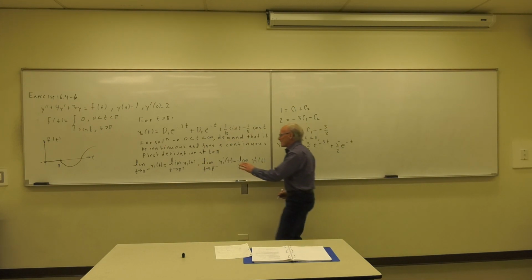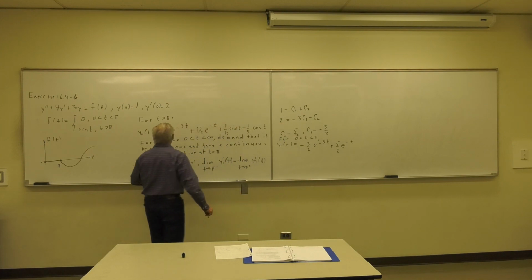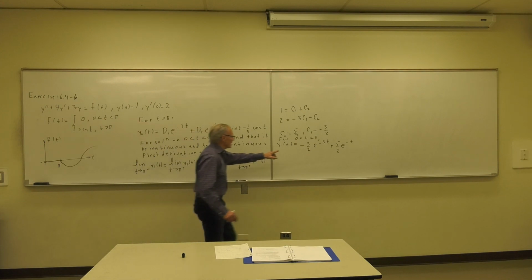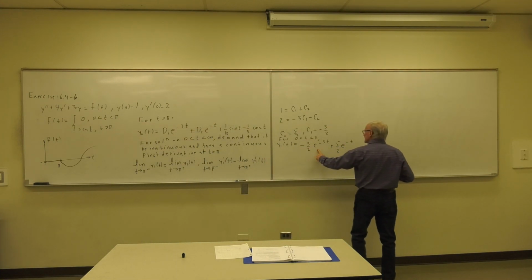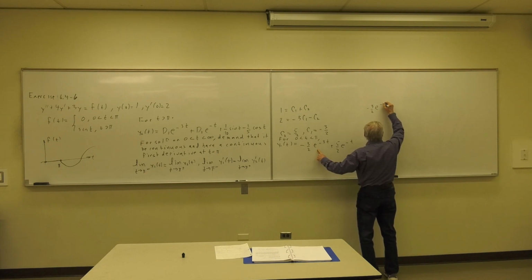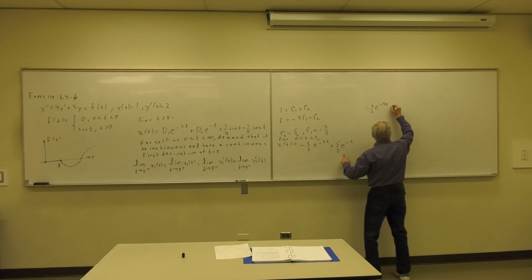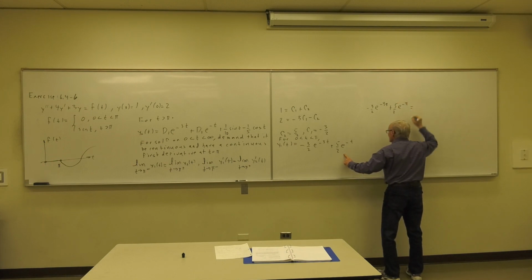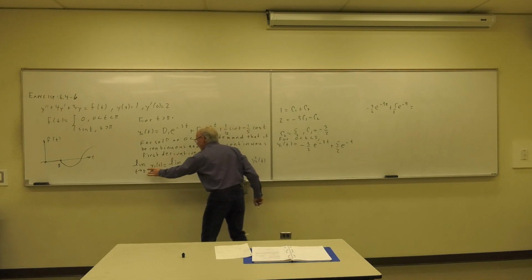So, first condition, take your y1 function, that's him here. Take the limit as t approaches pi: minus 3 halves e to the minus 3 pi, plus 5 halves e to the minus pi. So that's that.